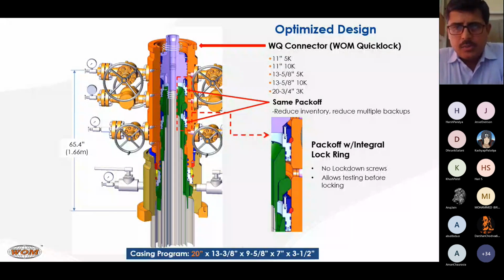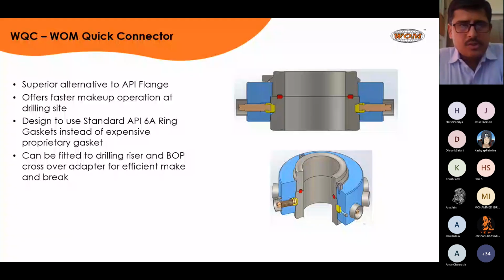And these are all proprietary designs, a superior alternative to API flanges, offering faster makeup operation at the drilling site, designed to use standard API 6A ring gaskets. When I'm talking about the ring gasket, it is about interchangeability. Different vendors have these API ring gaskets, which they have to follow the API.